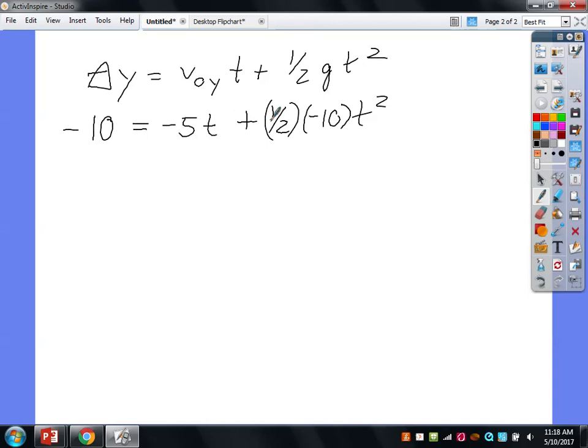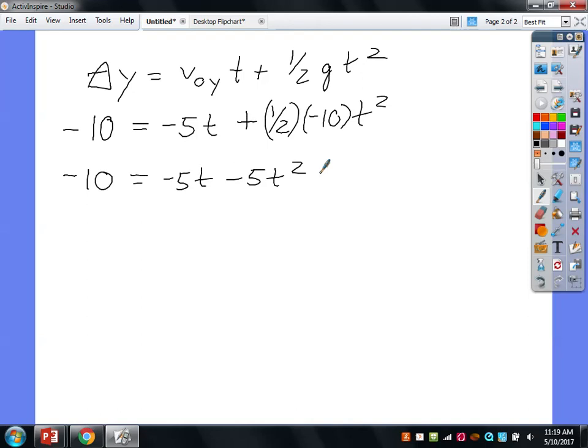I'm going to multiply 1/2 and negative 10 out, and that's negative 5. So negative 10 equals negative 5t minus 5t squared. What you can see here is you go, oh no, I got a quadratic equation, and nothing is 0, so I can't just cancel everything out and have an easy problem like other projectile problems.